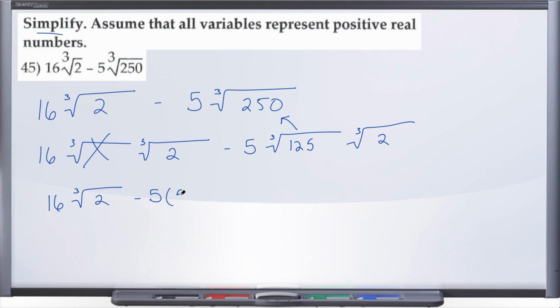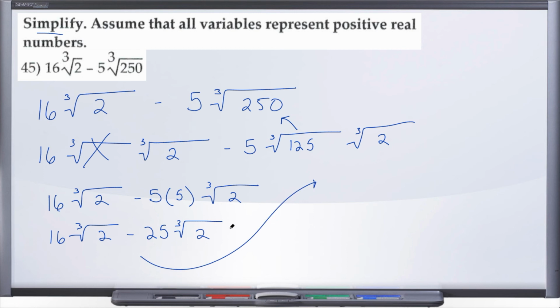So let's go ahead and multiply that 5, which was the radical, by the 5 that was already there originally. And then we'll rewrite our bad stuff, so the cube root of 2. And simplifying here, we're going to have the 16 times the cube root of 2. Now minus 5 times 5 gives us 25, rewriting that bad stuff radical.